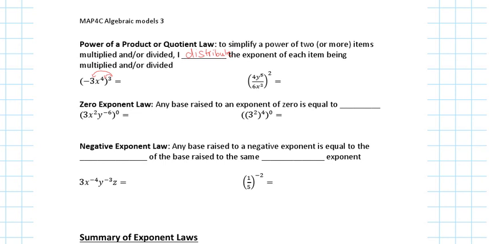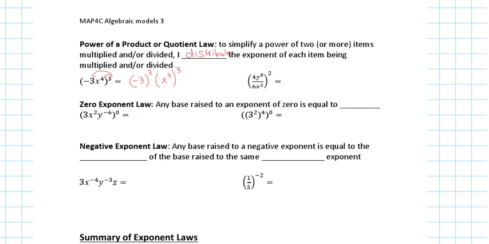Okay? So that's going to be -3 to the power of 3, and then x to the power of 4 to the power of 3. Right? Now, what happens when I have power to the power? We just did that. You multiply. So what's -3 to the power of 3?